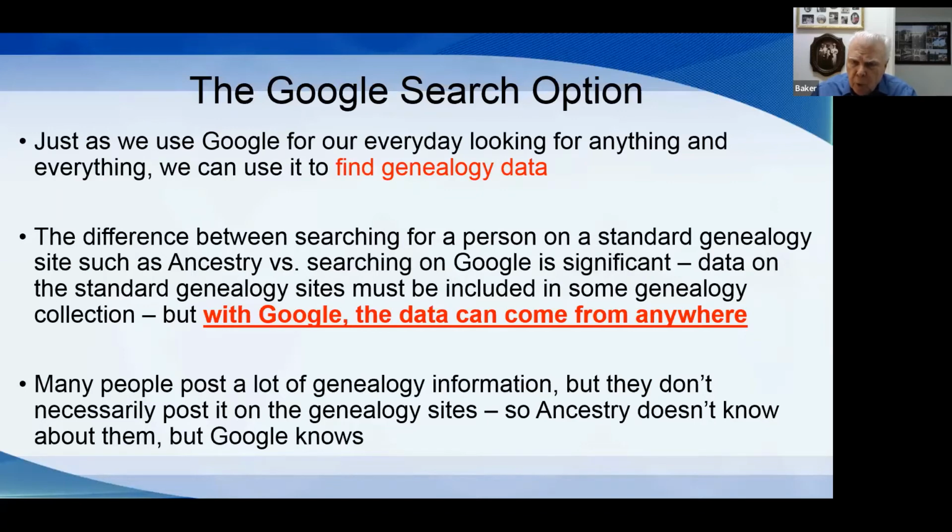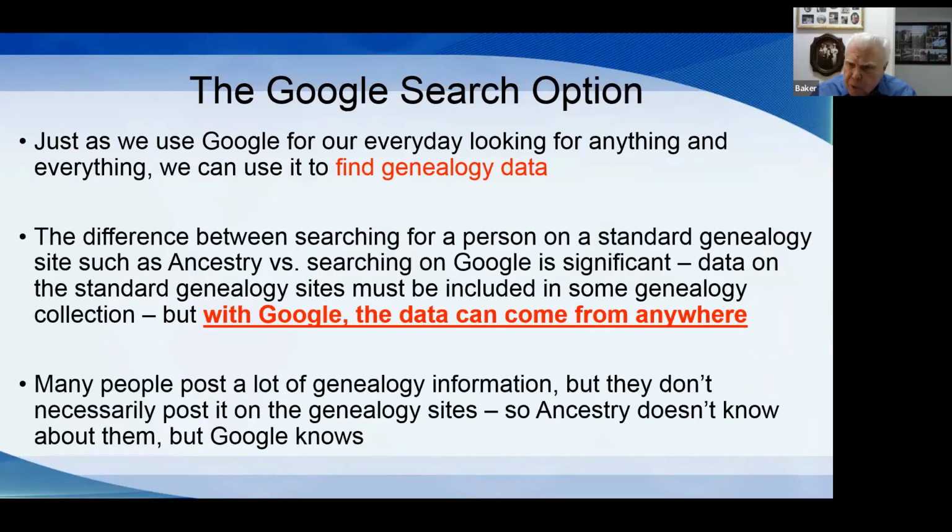This is where you just say, I know that Google knows everything, and they're going to know something about my people. Second bullet here is a really important point. This is the most important point today. Compare searching for a person on a standard genealogy site, like one of those great big search engines like Ancestry, FamilySearch, MyHeritage, with searching on Google.